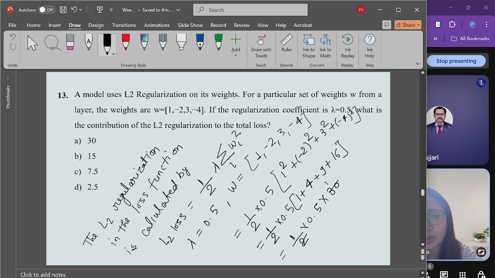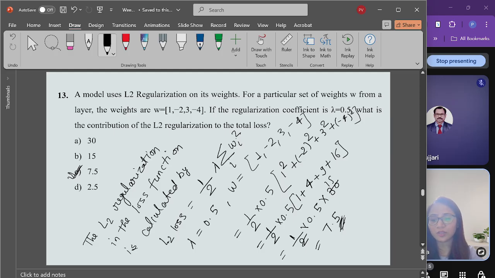So if you multiply 0.5 by 15, you will get 7.5. So this is the contribution of the L2 regularization to the total loss. So option C is the correct answer for this question.